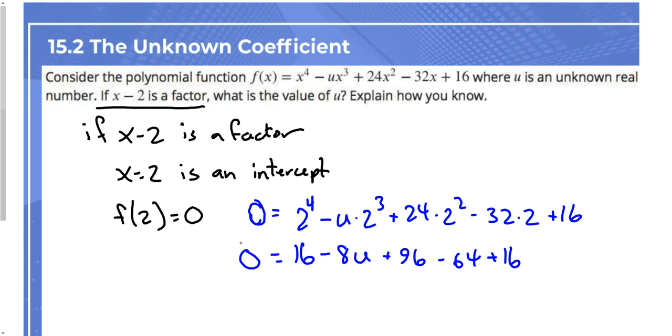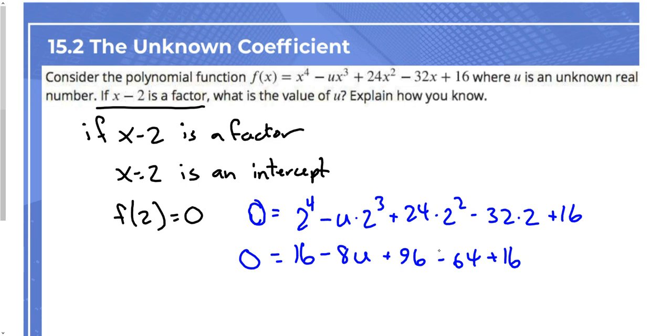Okay, so let's see what happens here. Okay, so when we do this out, what can we do that cancels out? Anything? Let's see. 96 minus 64, that's 32. Okay, so that's 32. And 32, you got a 16 and a 16.